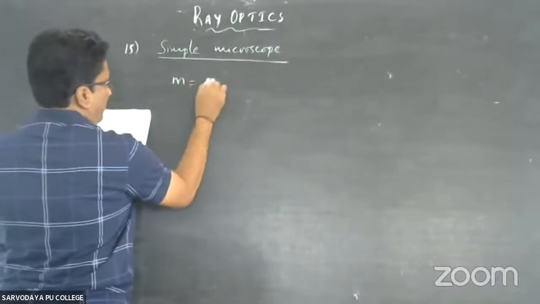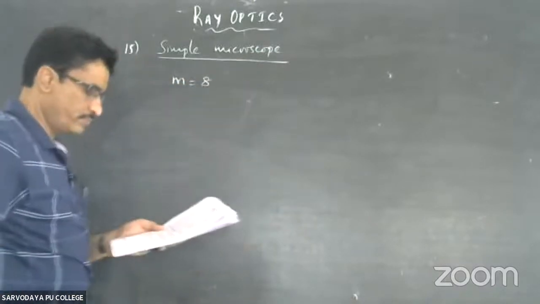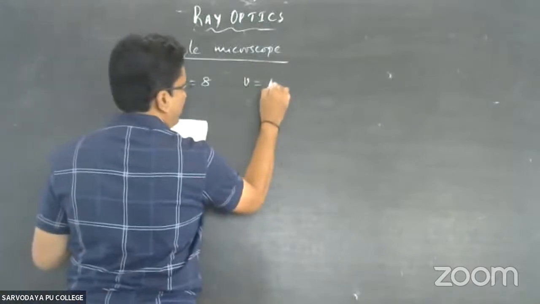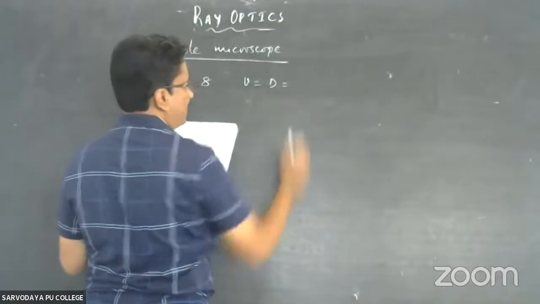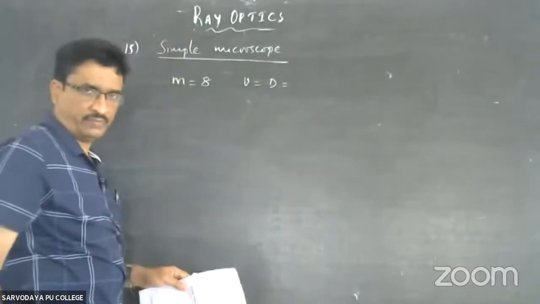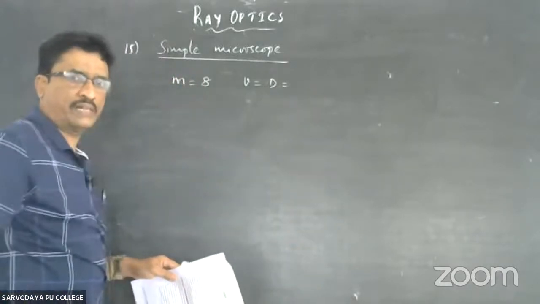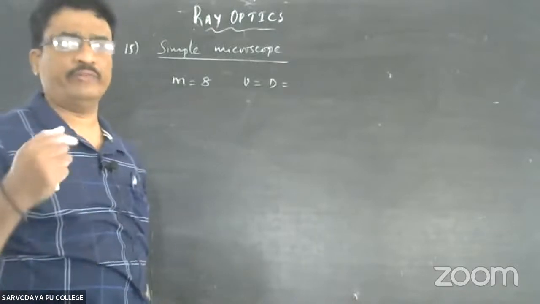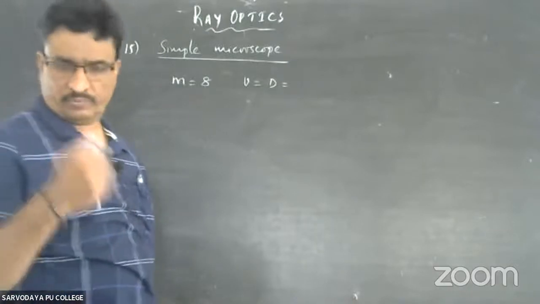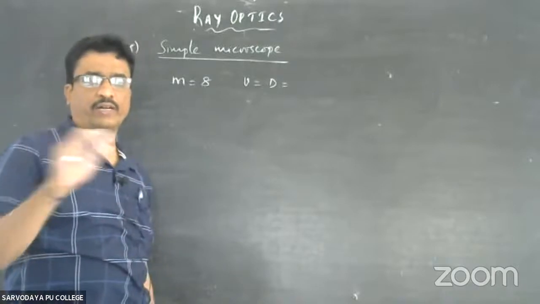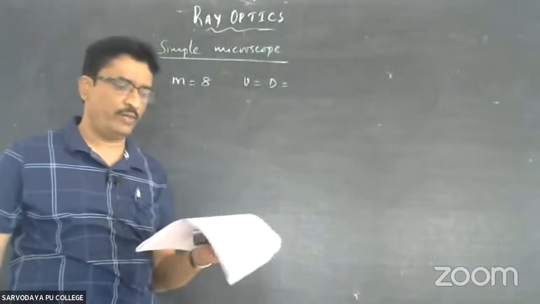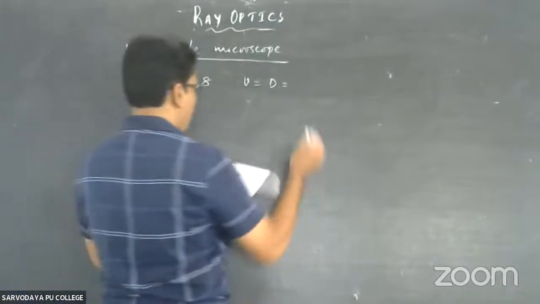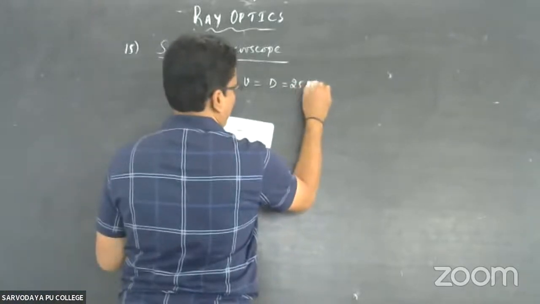Magnification has been given as 8, and the image is being obtained at D, which is nothing but least distance of distinct vision. It means minimum distance at which we can see an object clearly. It will vary from person to person, but for a normal person, its value will be around 25 centimeter, and the value of D has been given as 25 centimeter.